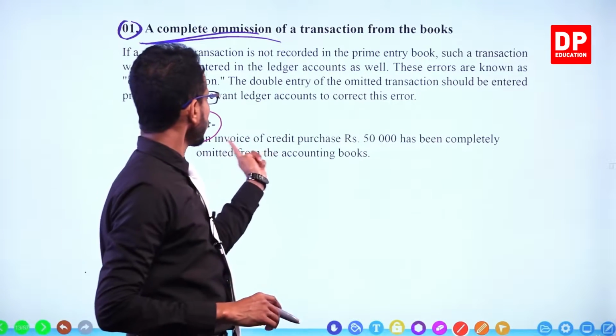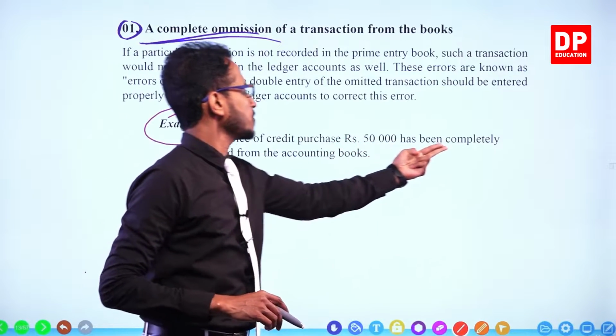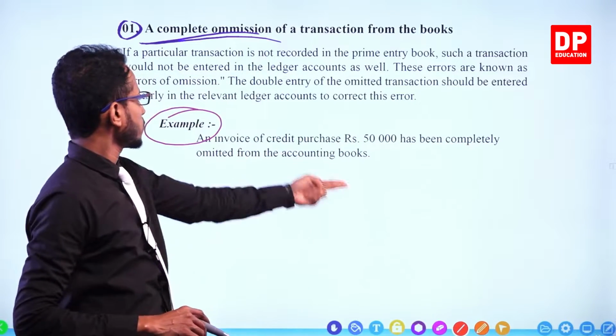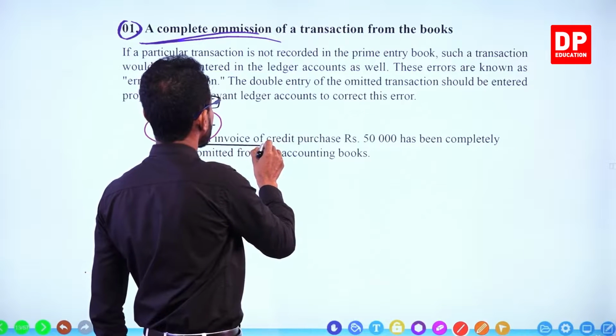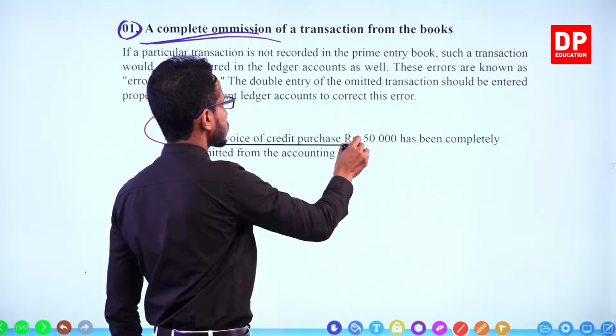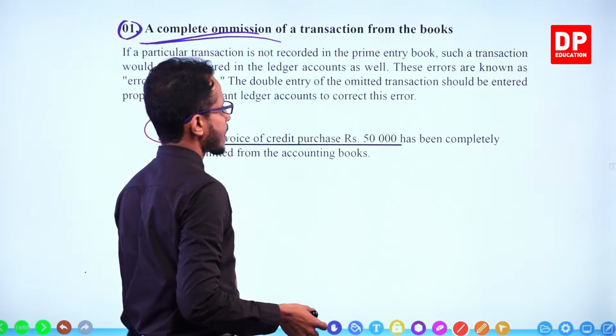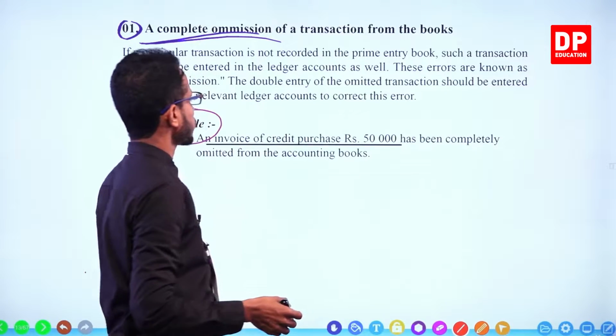An invoice of credit purchase 50,000 has been completely omitted from the accounting books. Invoice of credit purchase 50,000. Okay.